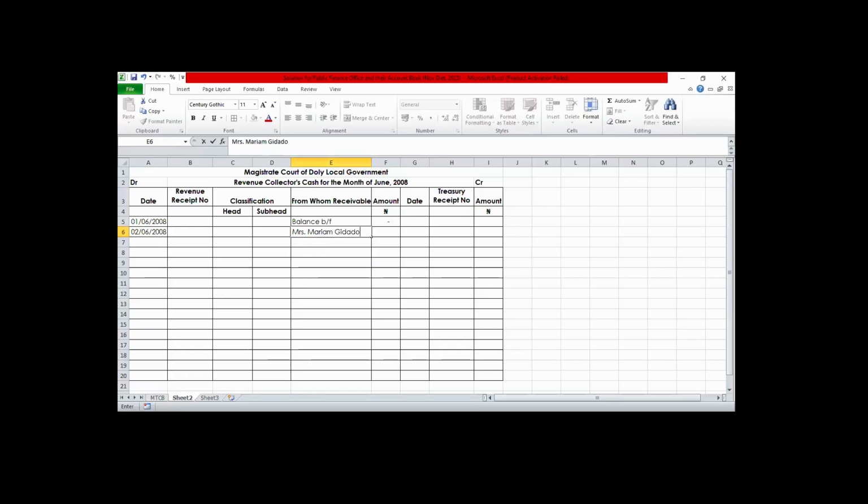Gidado, okay. Now, what is the reason for the payment? Declaration of age. Now, we can indicate it there if you like. It's not compulsory. What is the head and subhead relating to all these transactions? You were given head and subhead. What is the number of the receipt issued to Mrs. Miriam Gidado, based on the question we read?